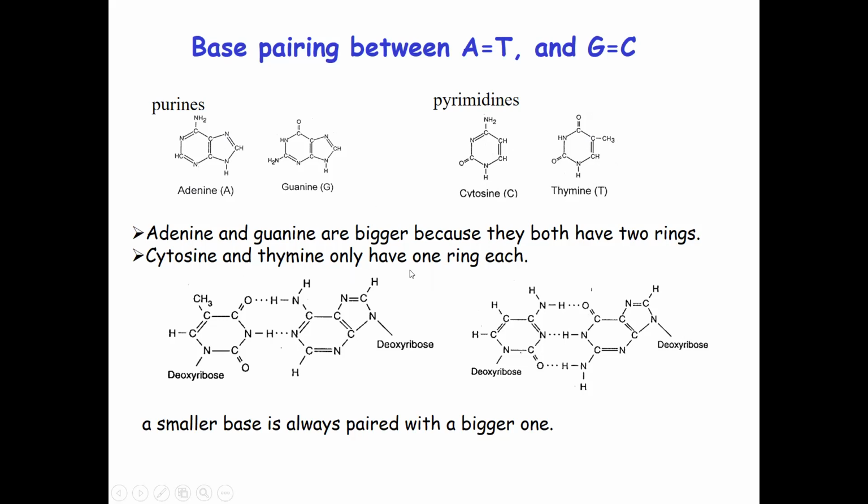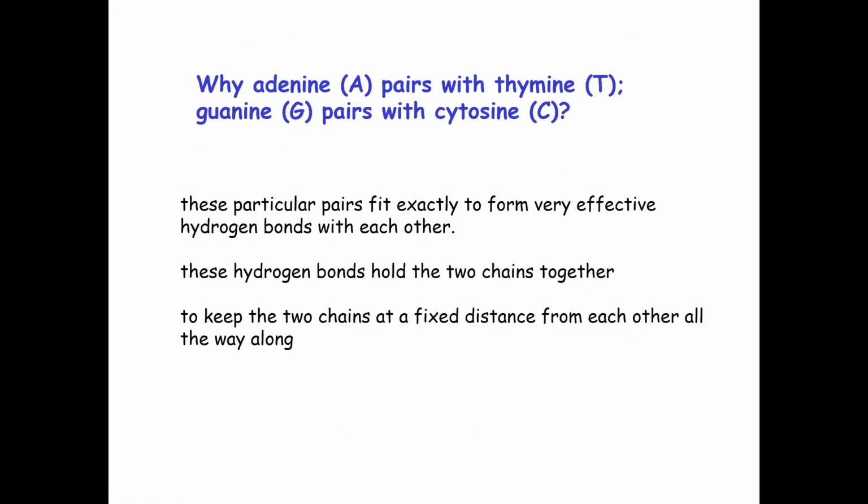Cytosine and thymine only have one ring. So here you can see the smaller base with the larger base, how they form the hydrogen bonding. So hydrogen bonding with a smaller base is paired with the bigger base. So the question you may find in your exam: why does adenine pair with thymine, and guanine pair with cytosine?